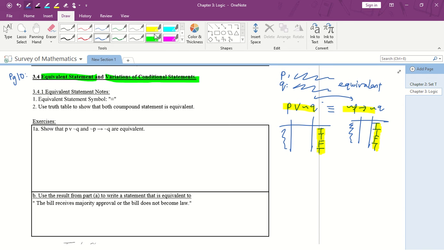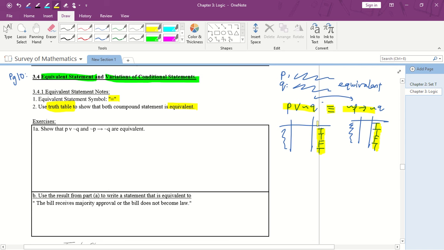So again, the equivalence symbol is three lines, just like what I did here. If you want to know whether statements are equivalent, you can use the truth table to see, and the answer will be the same.